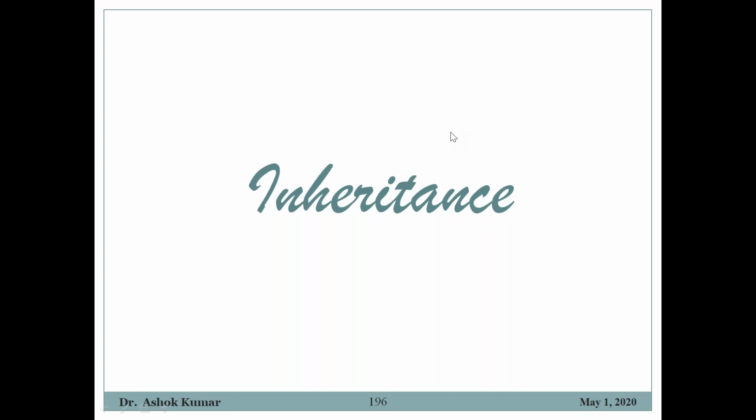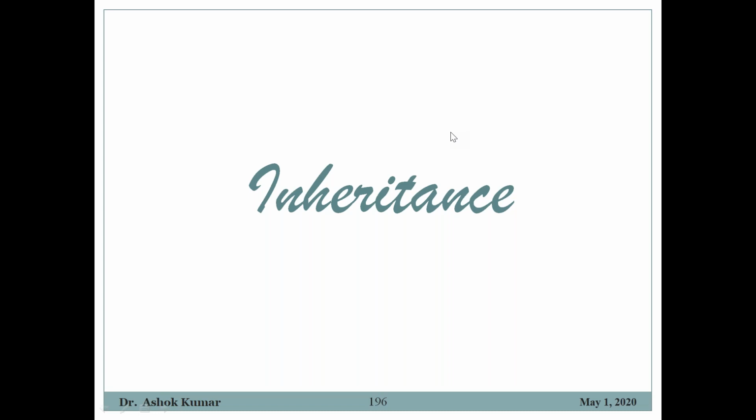In today's class, we are going to discuss inheritance, what actually inheritance is and where we can use it. So inheritance is basically the process of inheriting the features of one class into another.